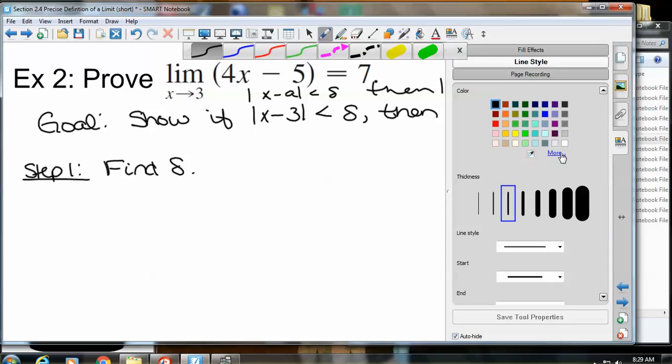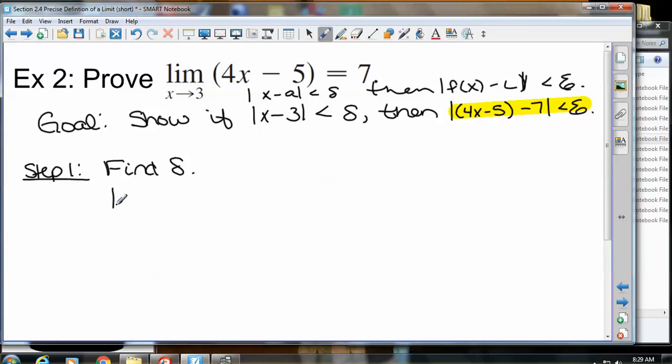And that'll be every time, I'm going to start with that statement. So I know that the absolute value of 4x minus 5 minus 7 is less than epsilon. If I wanted to simplify this, that would be 4x minus 12.